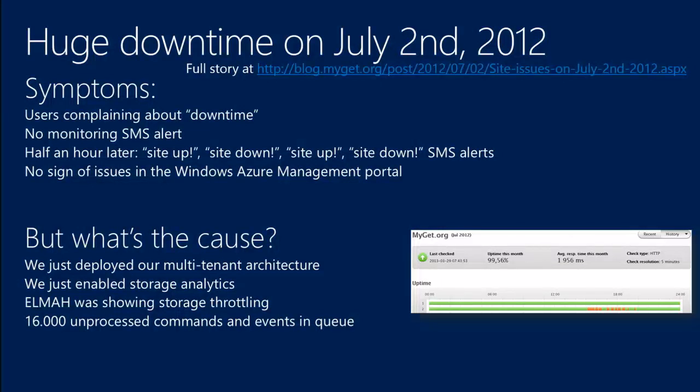And that little image there where you see all those red stripes were actually those up and down cycles that were happening. But what's the cause of this downtime? Why is this behavior there? We were suspecting the new multi-tenant architecture we put in place. Another thing we did back then was enable storage analytics.